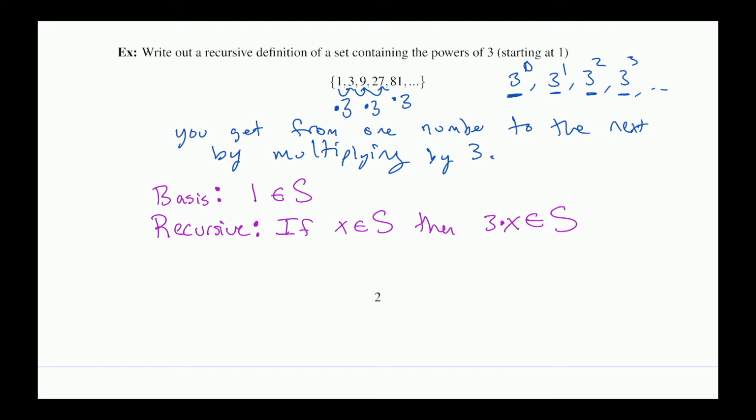And that's it. Because 1 is in S, so 1 times 3 is in S, so now you've got 3. But then 3 times 3 is in S, so you get 9. So if you list them, 1 is in S, multiply by 3, you get 3. Then 3 times 3 is in there, so you get 9. Then 3 times 9 is in there by this rule, so you get 27. Then 27 times 3 is in there, so you get 81.